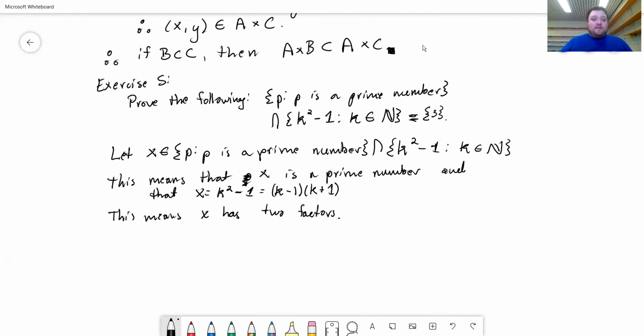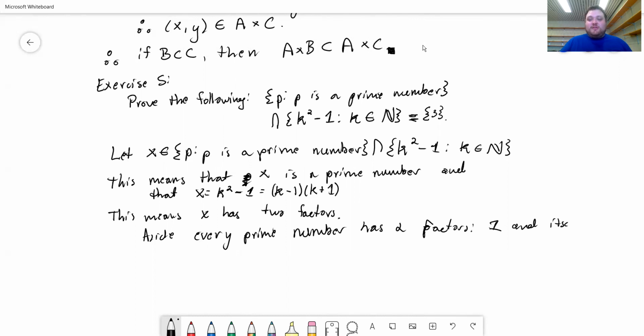And as an aside, we also know that every prime number has two factors, 1 and itself.